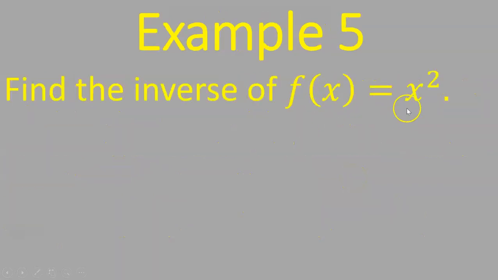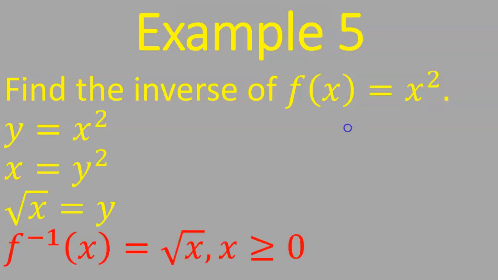Okay, so let's find the inverse of f of x equal to x squared. Now finding the inverse again, change f of x to y, switch x and y, and then solve for y. So if you'll notice, the inverse is the square root of x. And it is true mathematically that this function needs to have x values that are non-negative.